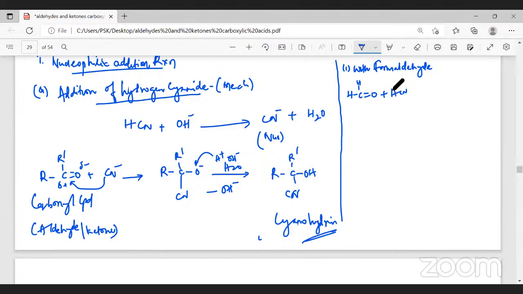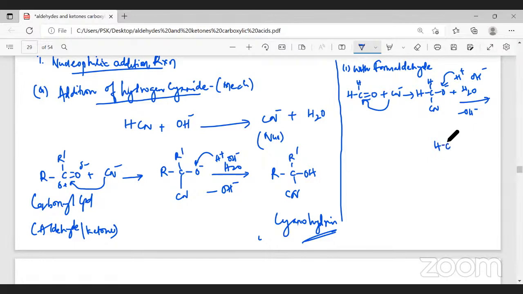So what happens? Instead of writing HCN, as per the mechanism, we will write CN minus. The CN minus will attack carbon. When it attacks carbon, we get H, C, H, O minus, and you get CN. Now, this will react with water. We write water as H plus and OH minus. H plus attacks here, and this OH minus gets eliminated.